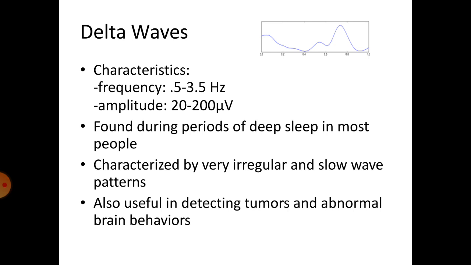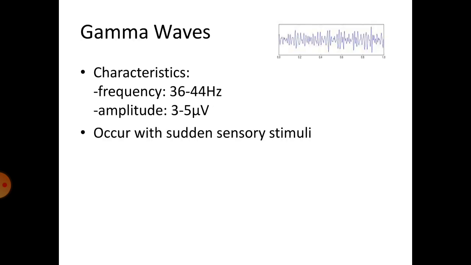Also useful in detecting tumors and abnormal brain behaviors. And gamma waves. Characteristics: frequency 36 to 44 Hz, amplitude 3 to 5 microvolts. They occur with sudden sensory stimuli.